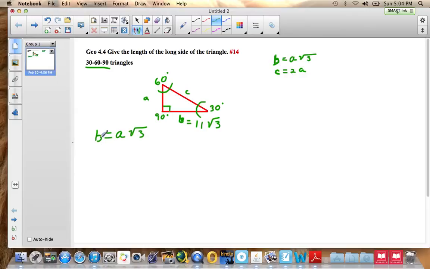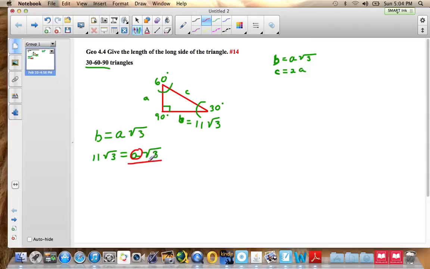So if B equals A square root of 3, then technically I'm saying 11 times the square root of 3 equals A times square root of 3. So I want to solve for A. This is the variable that I'm solving for.